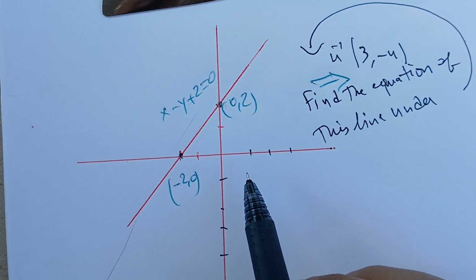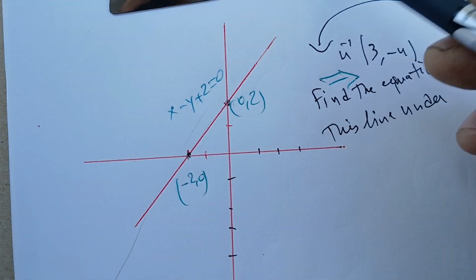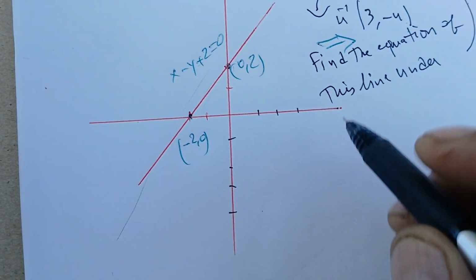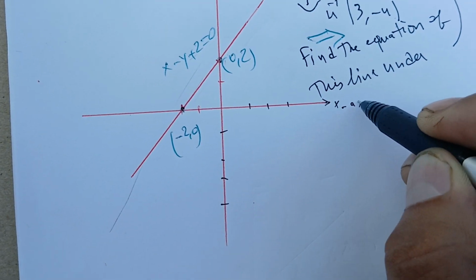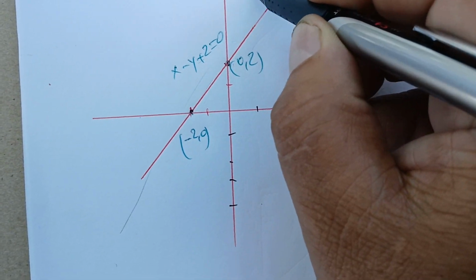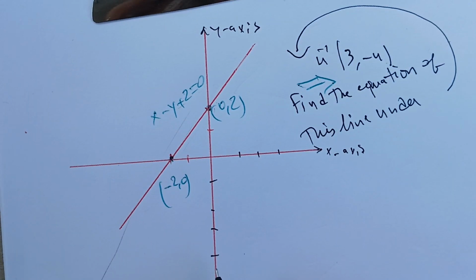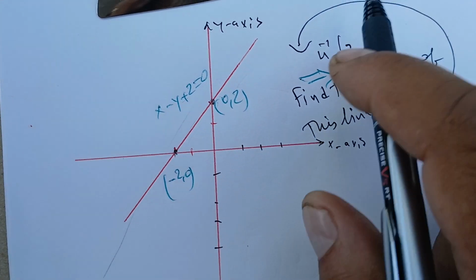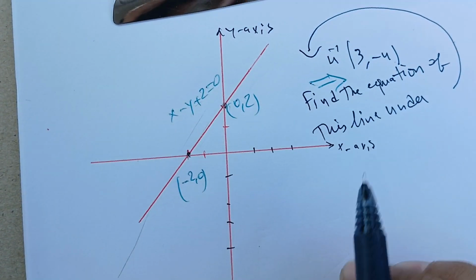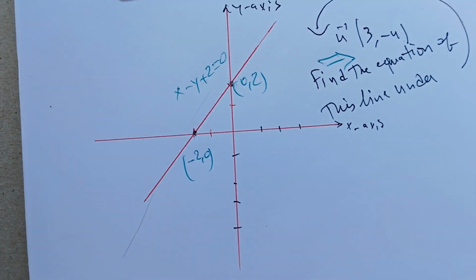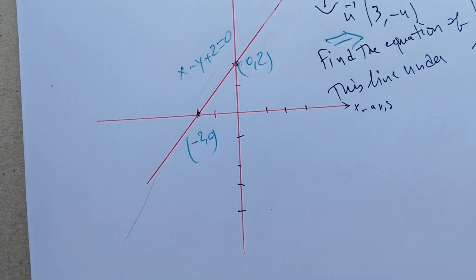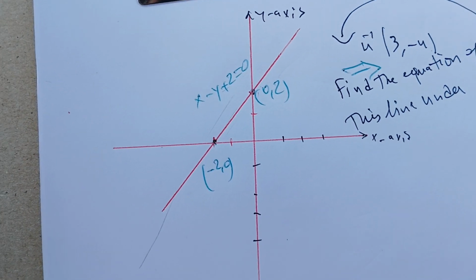equals 0. I have graphed the line here on the x-axis and the y-axis. And I want to see what happens to this line when we translate it by this vector that we're going to use, 3, minus 4.